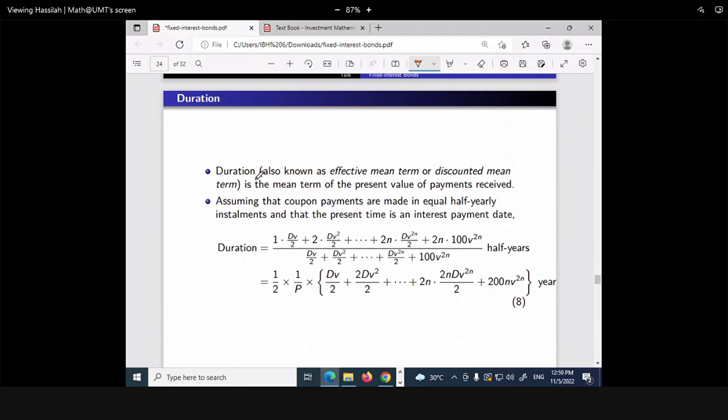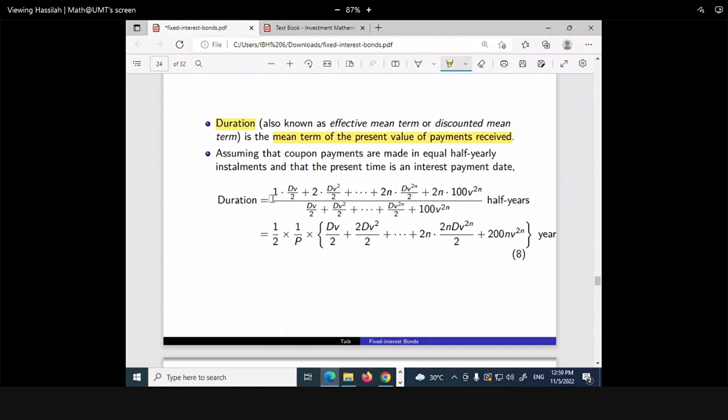Okay, so duration juga pula adalah satu measure juga. Mean term of present value of payment received. Boleh tengok juga ni. Kalau you lihat duration ni, apa yang berbezanya? Ini D per 2V.